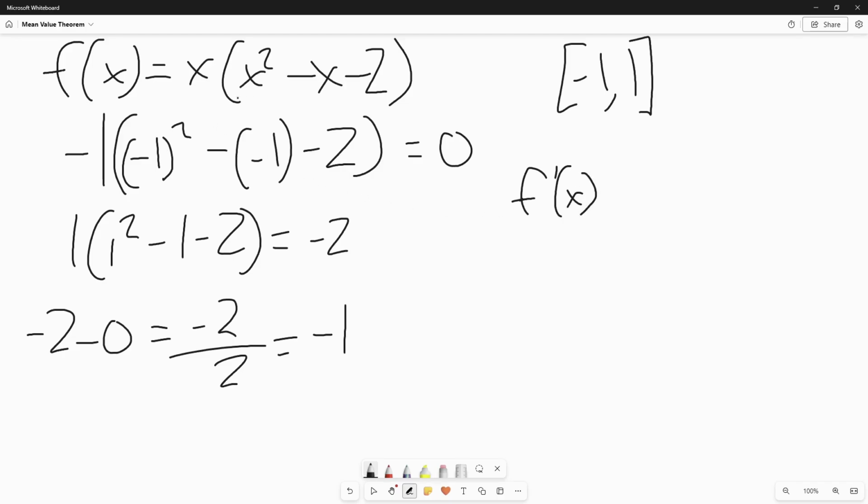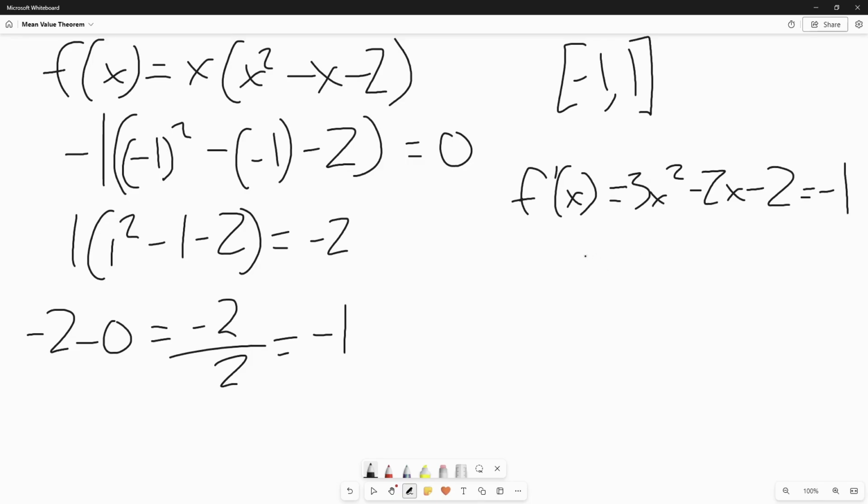Here I might think we need to use the product rule, but it's pretty simple if we just distribute the x into each of the terms. So f prime of x is 3x squared minus 2x minus 2. And we can set this equal to -1 because we know that's the slope.